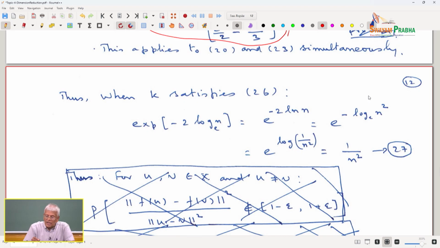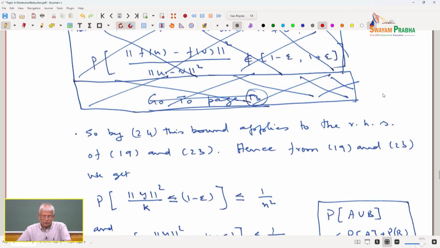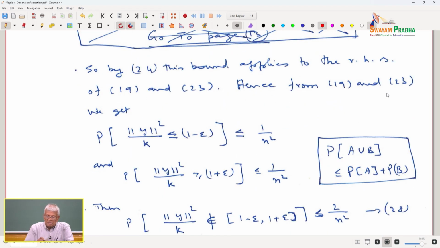If k satisfies 26, you can readily see the exponential is equal to 1 over n square. So by 24, this bound applies to the right hand side of 19 and 23. Hence, from 19 and 23, we get that the probability that this happens is less than this, probability this happens is less than this.